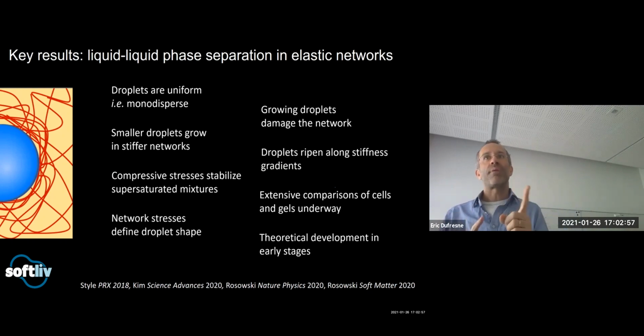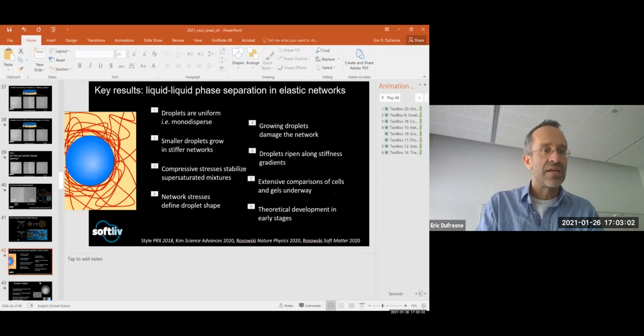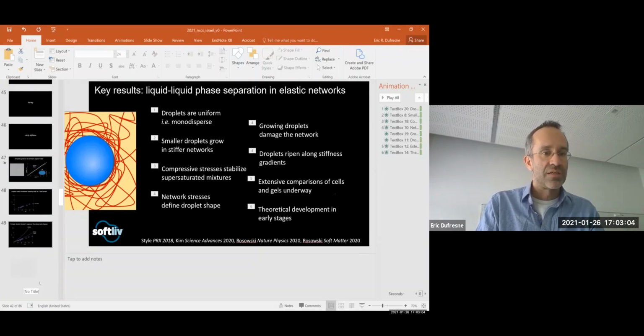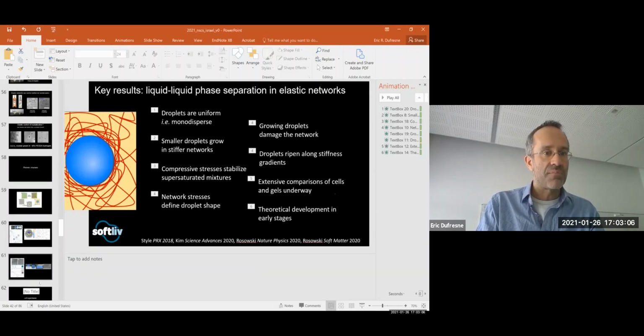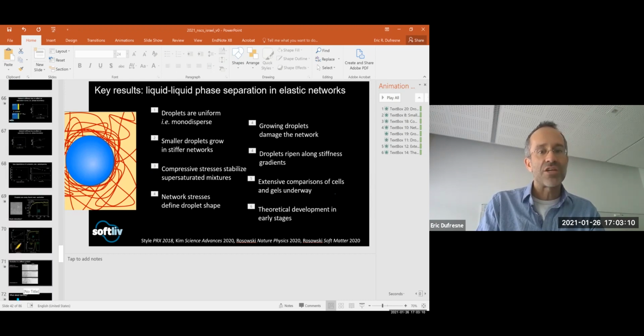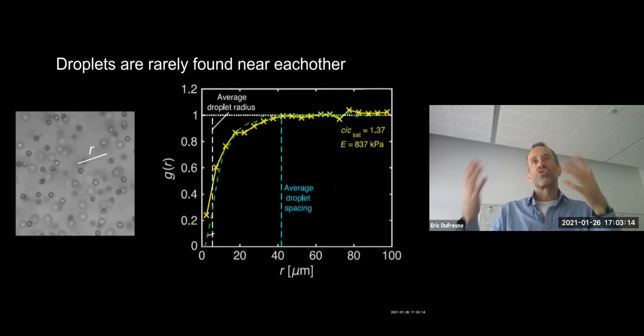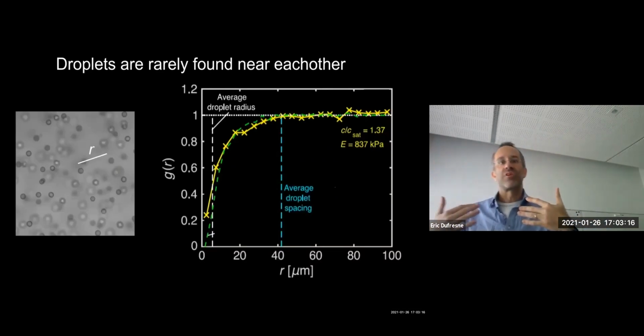But if we're going to talk about pair correlations and locations, and this might also connect to Sam's comments about Eshelby theory potentially, we can measure the pair correlation function in 3D for our droplets after we've made them.